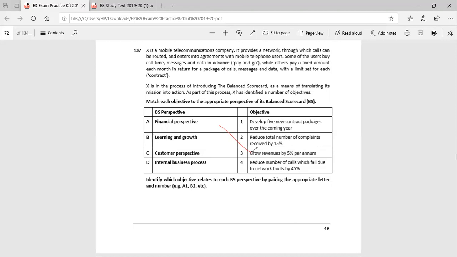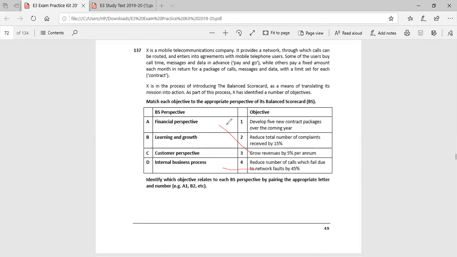Customer perspective. And reduce number of calls which fail due to network faults by 45%. D is 4. Reduce number of calls which fail due to network faults. So less defective products, internal business process. Yes, D is 4. Then learning and growth.